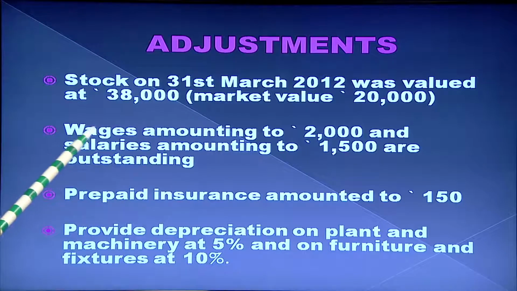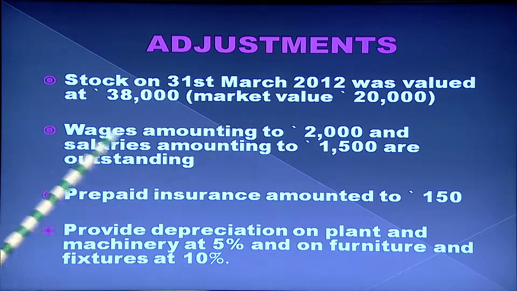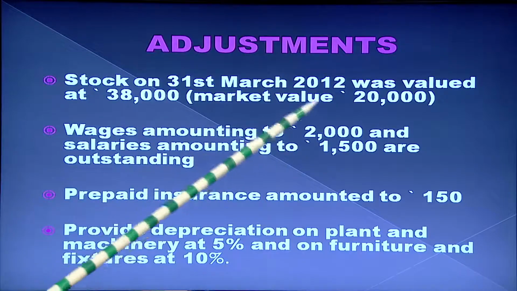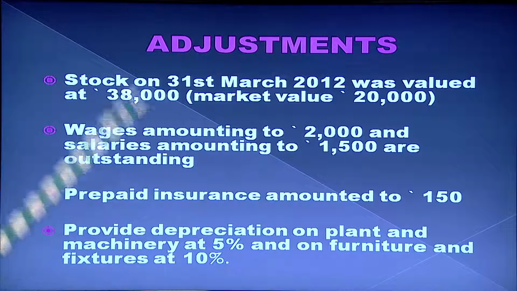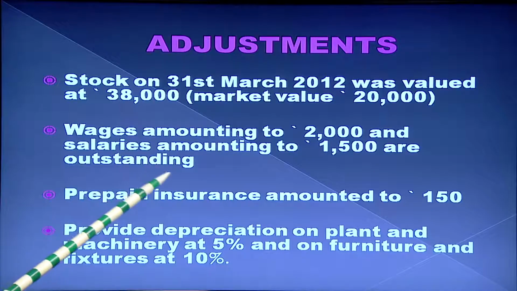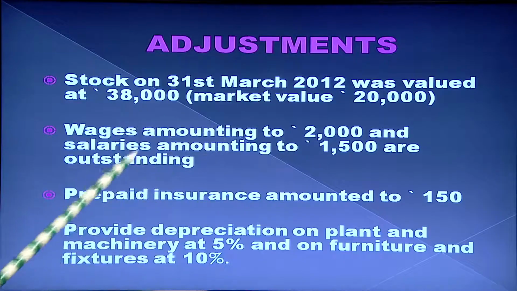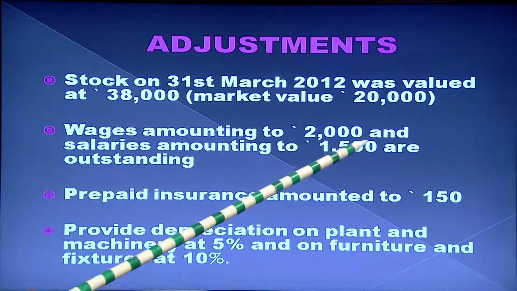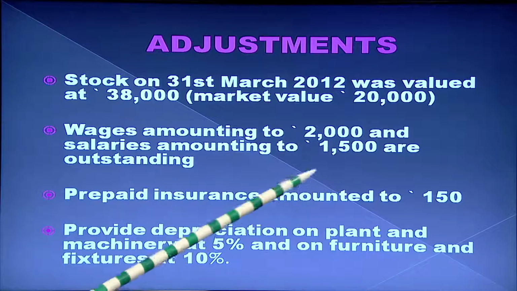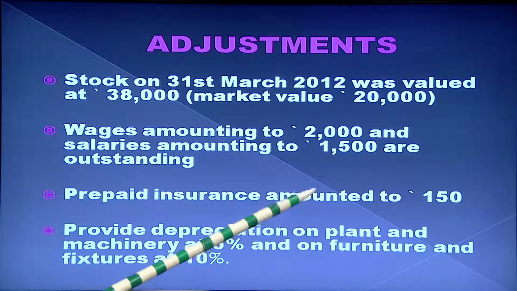Next adjustment is wages amounting to rupees 2,000 and salaries amounting to rupees 1,500 are outstanding. So, outstanding means we will add rupees 2,000 to wages and 1,500 to salaries, and rupees 3,500 is liability, because outstanding creates liability.